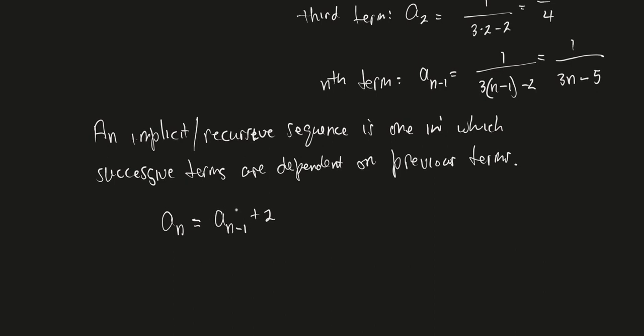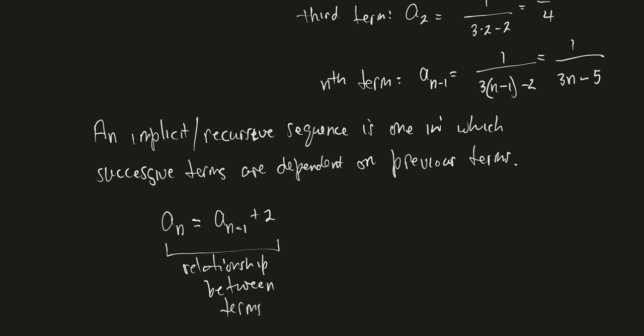So this is my successive term, this is my previous term, and this rule is telling me to get the next term in the sequence, I take the previous term and I add 2 to it. This gives us the relationship between terms in the sequence.